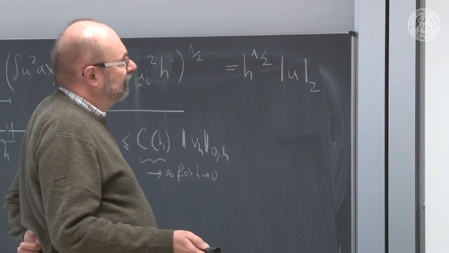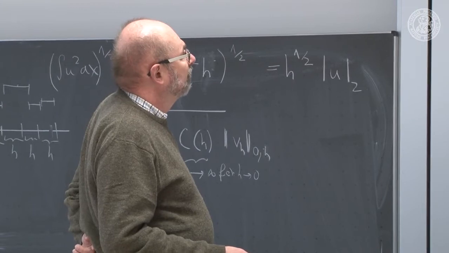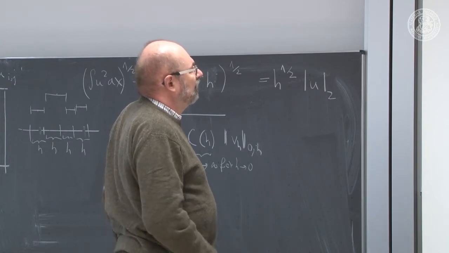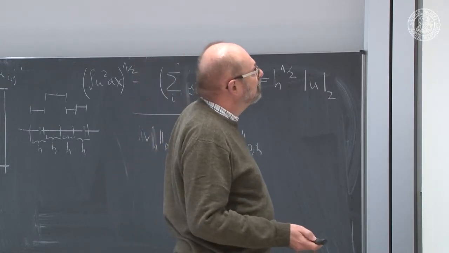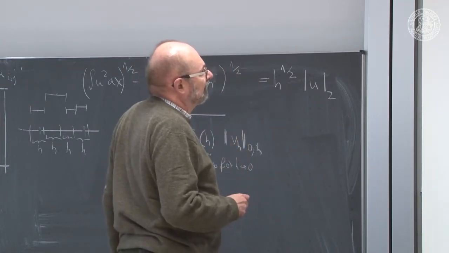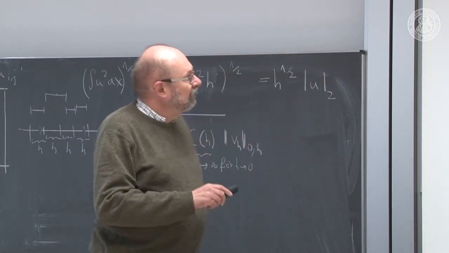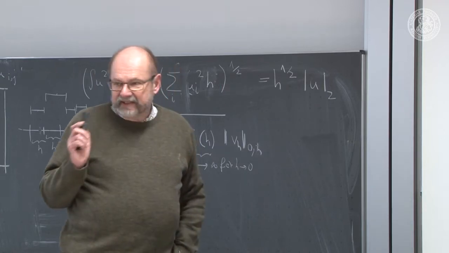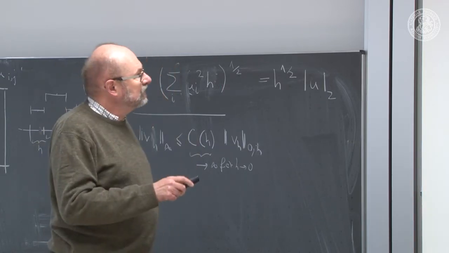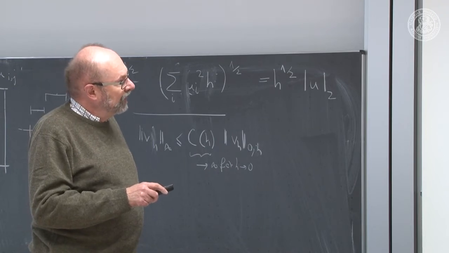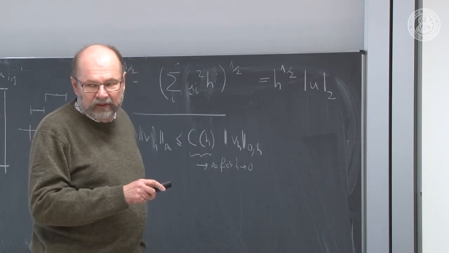Okay, now how do we get something like that? We will develop the notions which we need, and let's have a look at what we have. We take the exact solution as a grid function, this capital U bold, and plug it into the discrete problem.